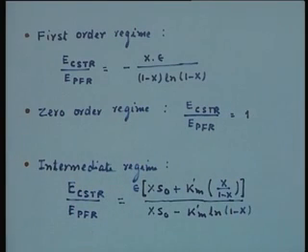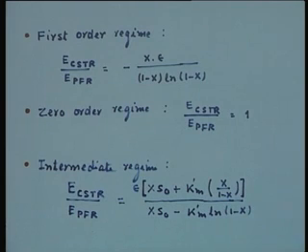So, therefore, when we shift from 0 order to first order regime, the efficiency of plug flow reactor improves in terms of its enzyme requirement, or of course, even in terms of your space time.